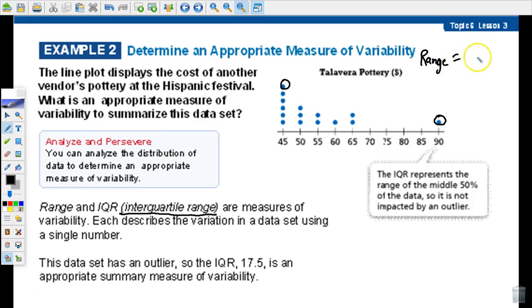Range equals the largest number minus the smallest number.